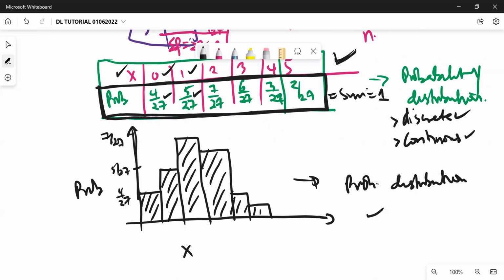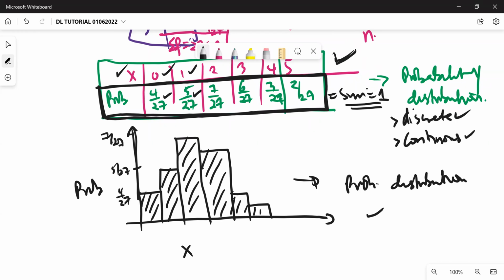So for a probability distribution, the sum of the probabilities of all the possible values of X will always be 1, all the time. So that's basically what you call a probability distribution.